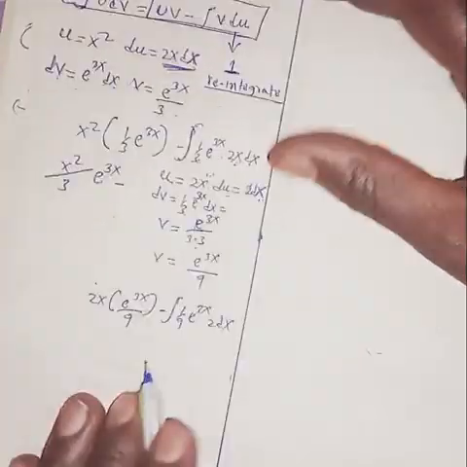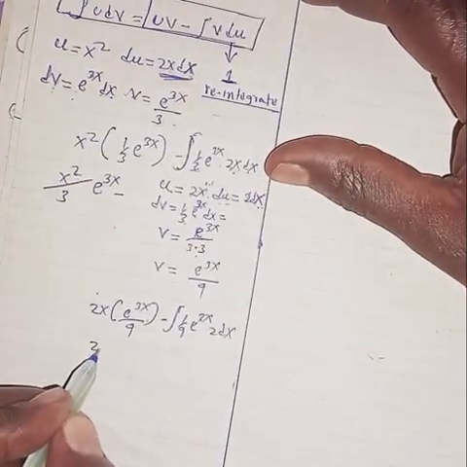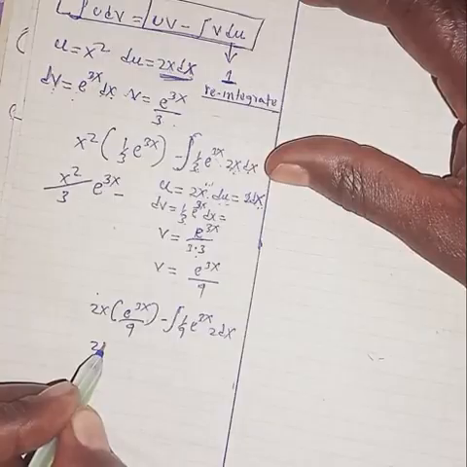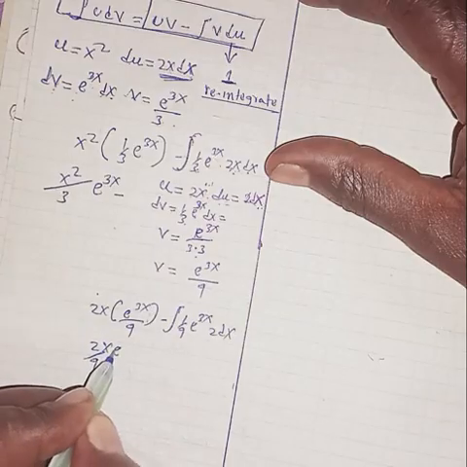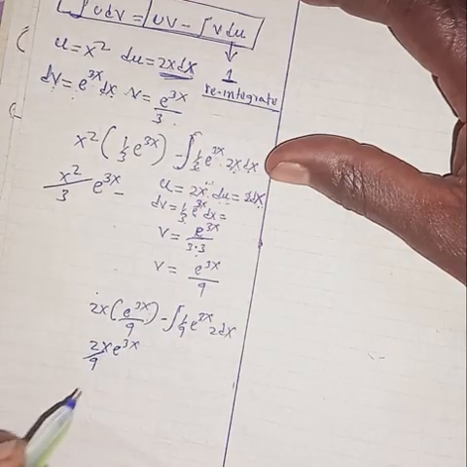That is all about it. So 2x over 9 e raised to 3x.